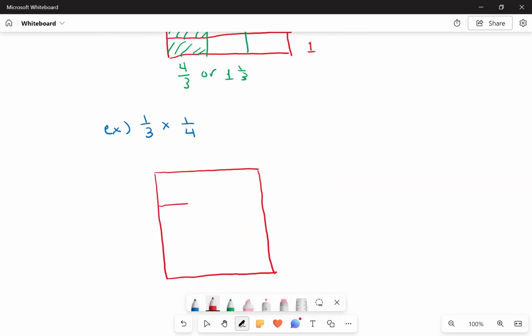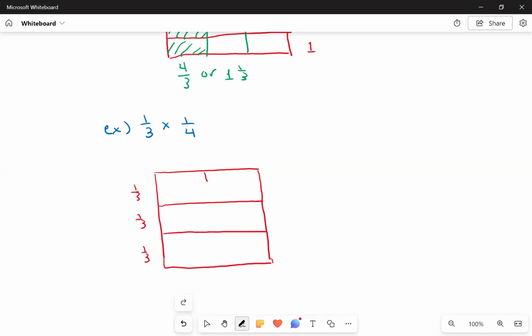I already did a bad job on the spacing. Okay, there we go, 1/3. So this is representing the 1/3. And then to represent the 1/4, we do the other side. Get less in the middle. There we go, better. And there's our 1/4.